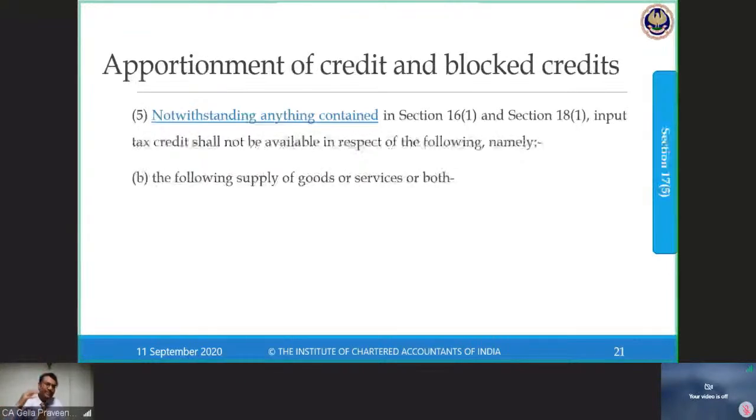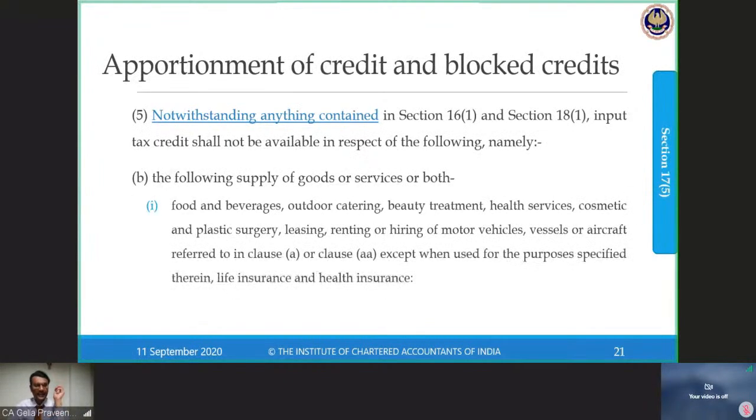Now, this is one exhaustive list. When we go for an audit, most of the time, our clients or we raise an objection in the process of our audit. So here, there is a list of inputs or input services where they say ITC is not allowed. What is that? First item.